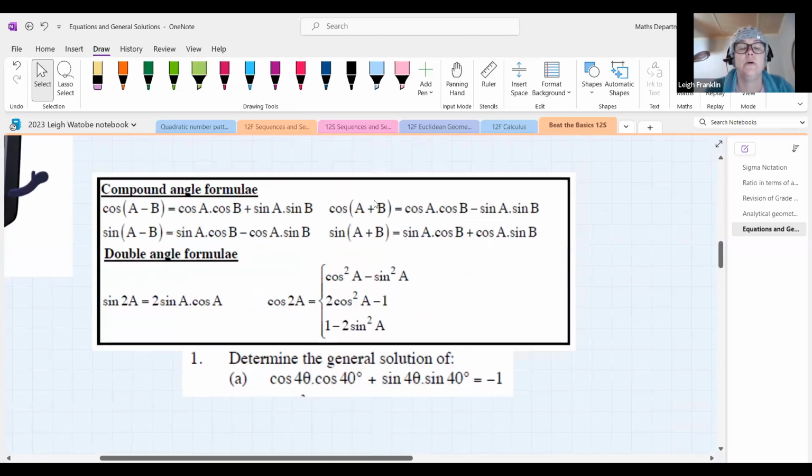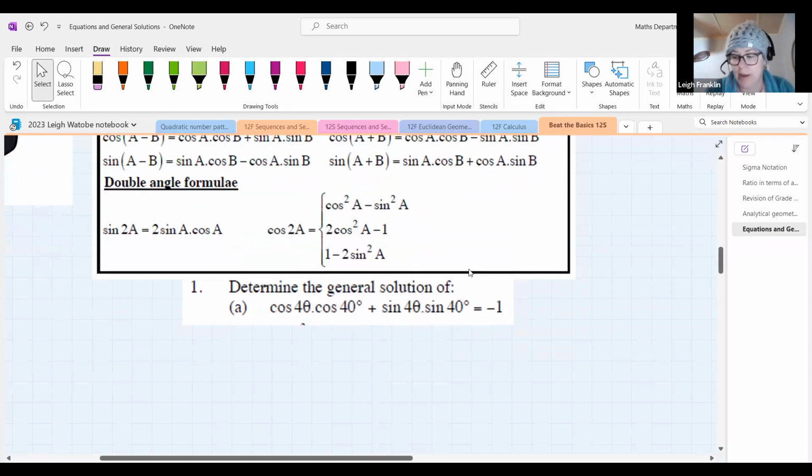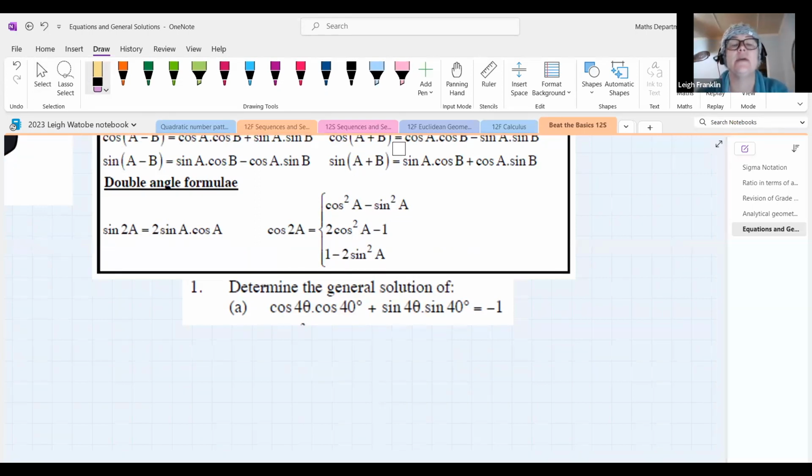All right. So we would again have used a compound angle in order to solve this particular problem. We see cos, sine, sine, so we know that it is a cosine compound angle, and doing the reversal of the expansion, we would have ended up with cos of 4 theta minus 40 degrees is equal to -1.